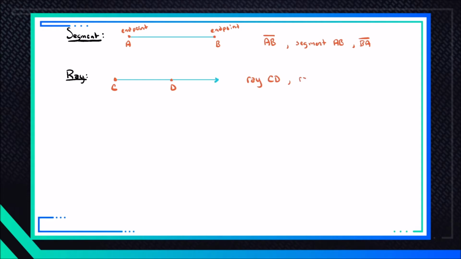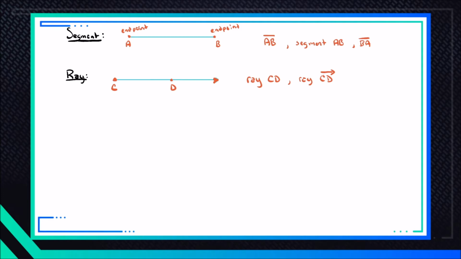Now notice how there's an endpoint right here and an arrowhead down here, so it extends infinitely in the direction of point D. So when we draw our line, we'll put a line above it, but put our arrowhead on the same side that the arrowhead is on.